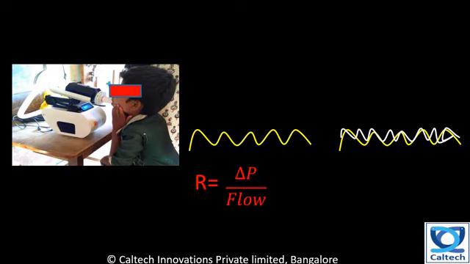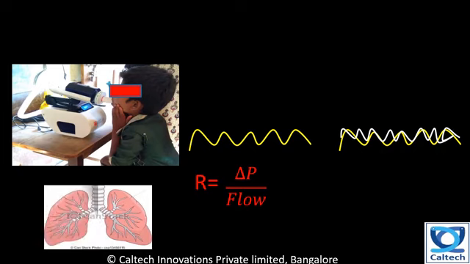Now when the pressure wave is sent inside, certain energy is required to propagate the sound wave or the pressure wave inside the lungs. If you send a frequency of 5 Hz, a certain amount of energy is required to propagate it. And we know that the 5 Hz frequency travels from the mouth till the periphery of the lung.